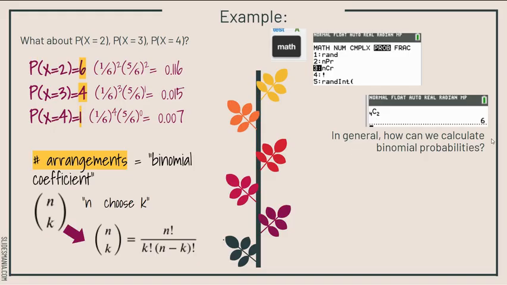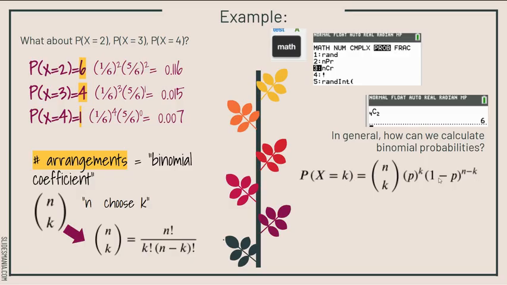In general, how can we calculate those binomial probabilities? We would need to do this first to figure out what our binomial coefficient is. And then we would find out how many outcomes there are. And this would be our equation. So N choose K, times P to the K, because that would be how many successes you actually got, like 2 or whatever.